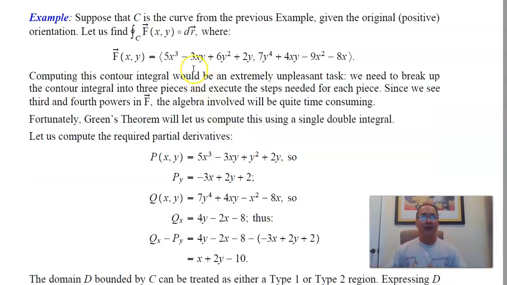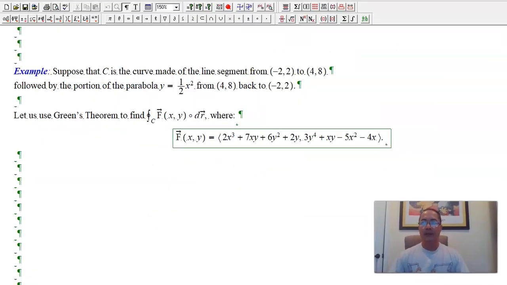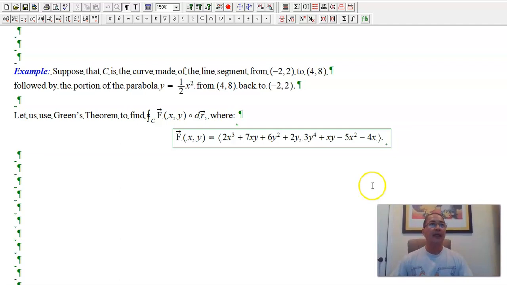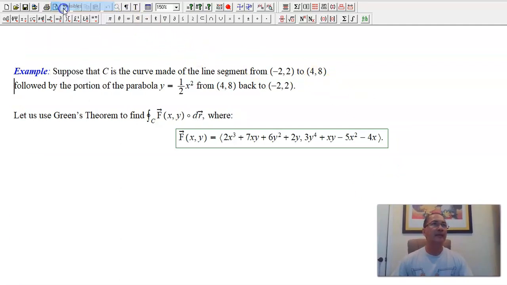Here we are in our workroom, and let us do this example. Let me hide these. That looks a lot cleaner. So we have a curve made of the line segment from -2, 2 to 4, 8.